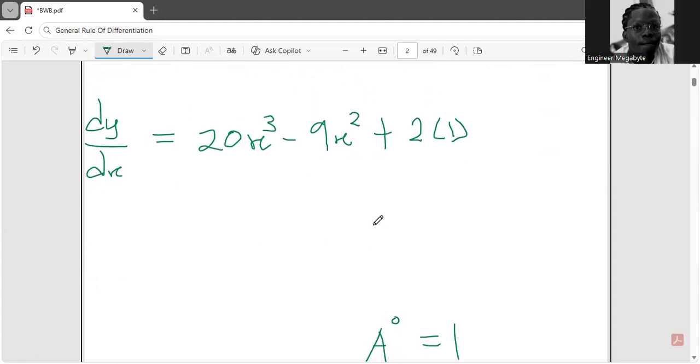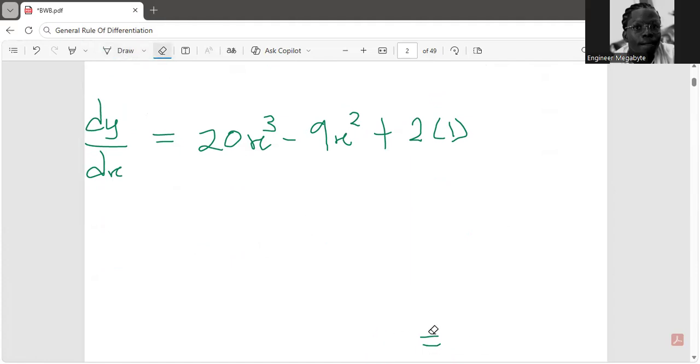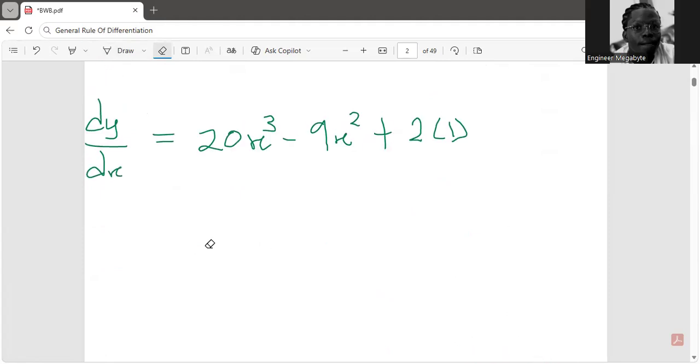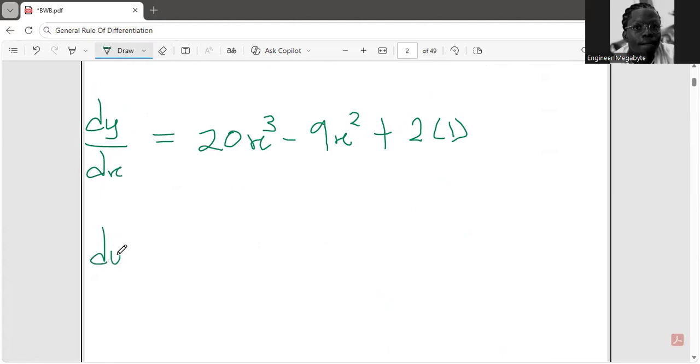Finally, we can rewrite our answer in a coherent and logical manner. We can rearrange it well, or we can just leave it like that. But for learning reasons, look at what I'm going to be doing here. Our final answer is going to become what?